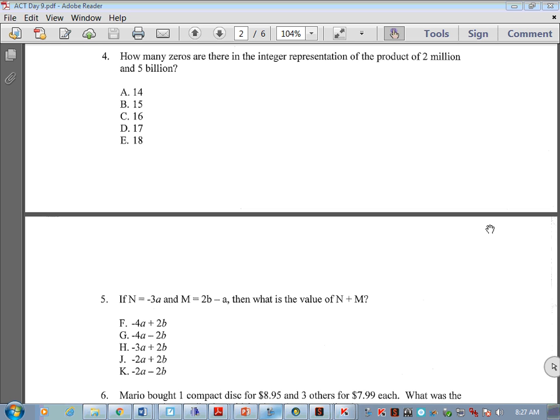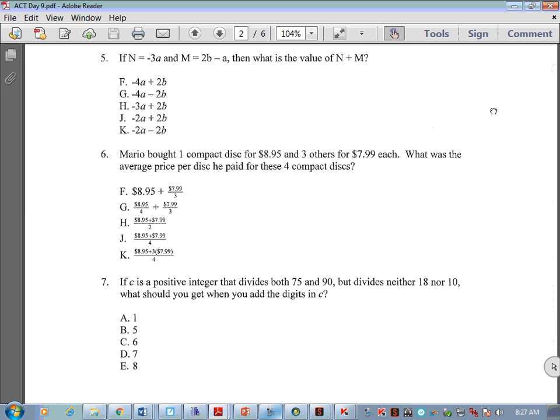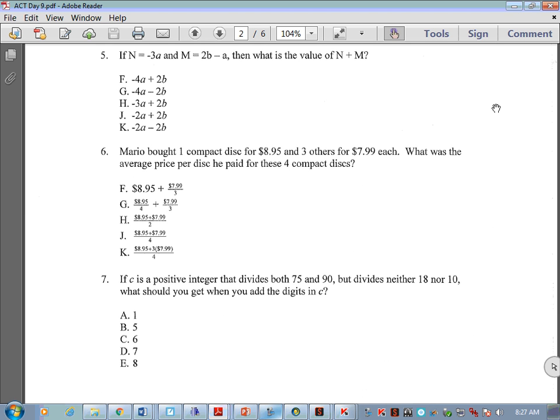All right, flipping my page over, let's look at question number 5. Ryan, what did you get here? F. F is correct. Questions? None. Okay. Go ahead. Negative 4a plus 2b.